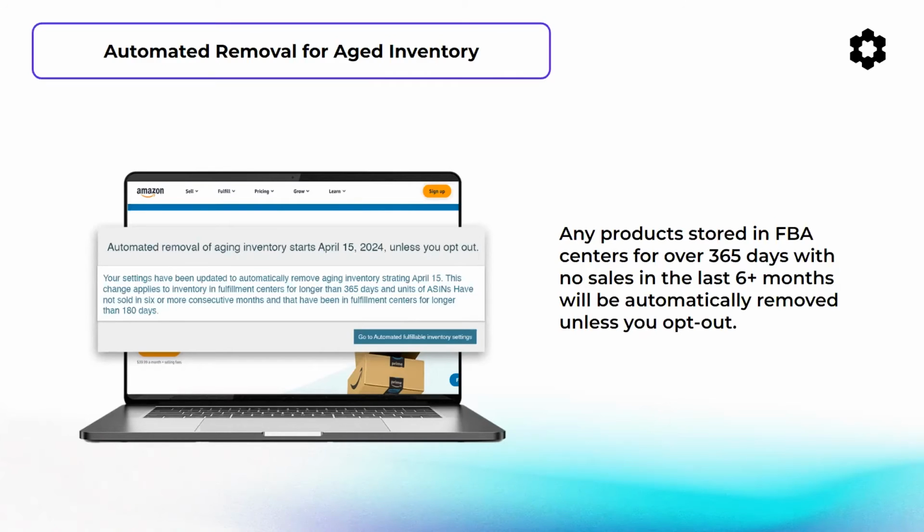If they're completely stagnant for the last 6 months and they have more than a year in inventory, they will automatically remove it, unless you go to the removal settings to opt out. Honestly, as Chelsea was saying, retiring is the best thing that you could do. Even if this is an automated process, let them remove that inventory because it's costing you a lot of money to have it there. So FYI, this is another thing coming up for that timeline: April 15, the automated removal orders will be in place.